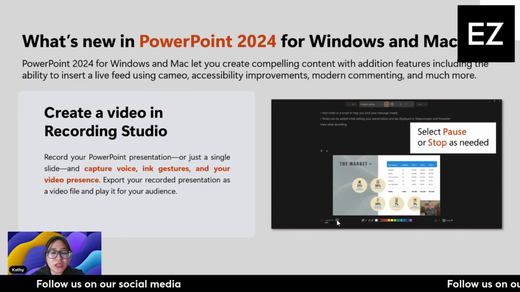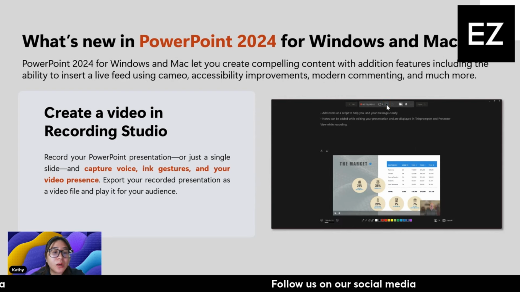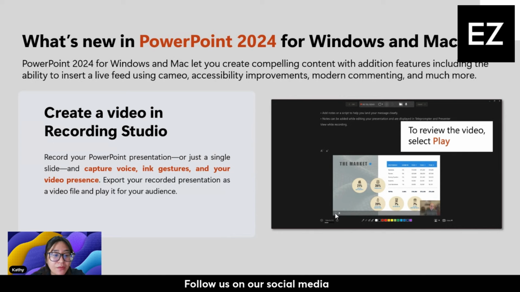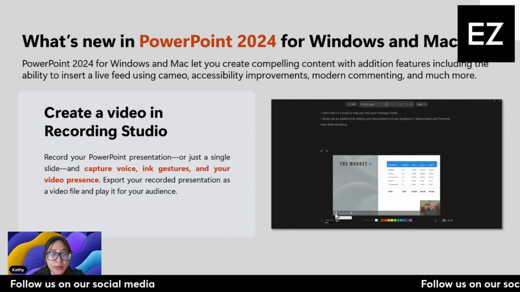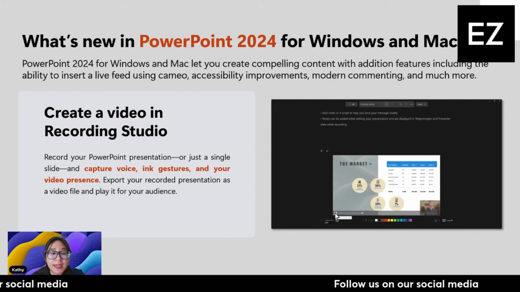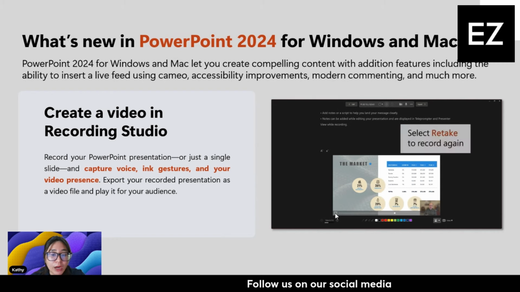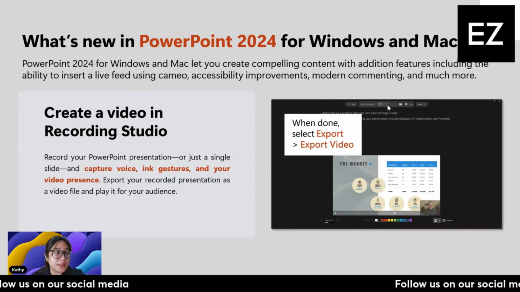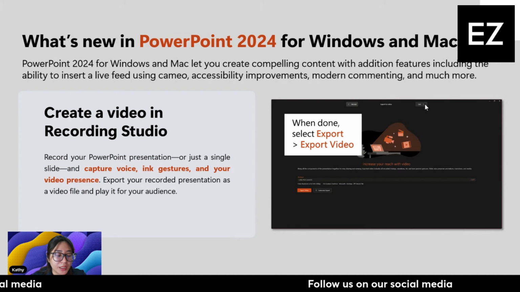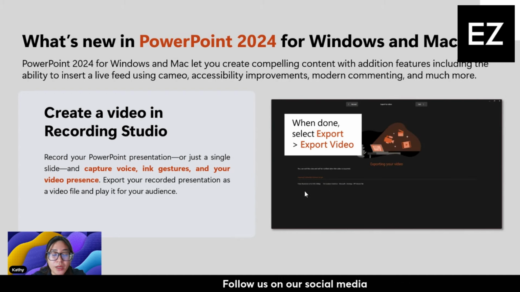This is pretty convenient, because you can record your presentation, save it in a video file, and then upload it to social media. You can even upload it to OneDrive and send the link out for your audience. So this is recording a video.